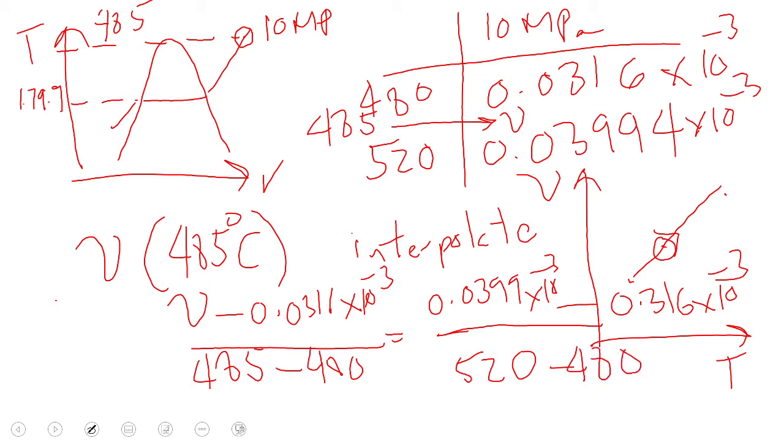So we get a specific volume of 0.3189 meter cube per kg.